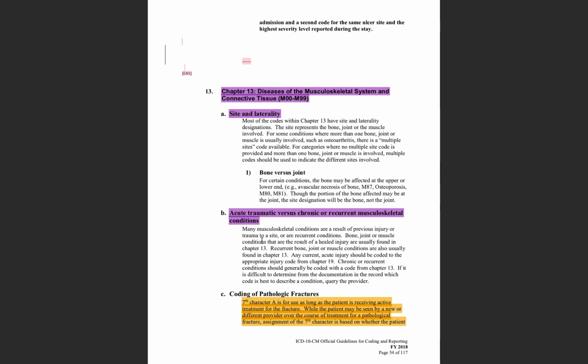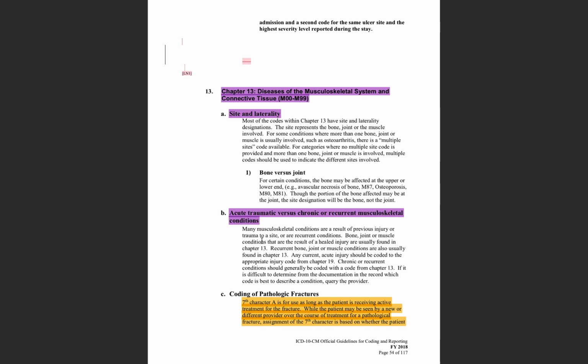Bone, joint, or muscle conditions that are the result of a healed injury are usually found in Chapter 13. Recurrent bone, joint, or muscle conditions are also usually found in this chapter. Any current acute injury should be coded to the appropriate injury code from Chapter 19, which we'll go over later. Injury codes are not coded from this section. Chronic or recurrent conditions should generally be coded from this chapter.